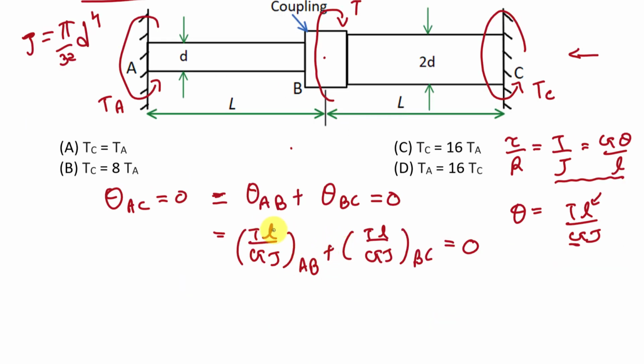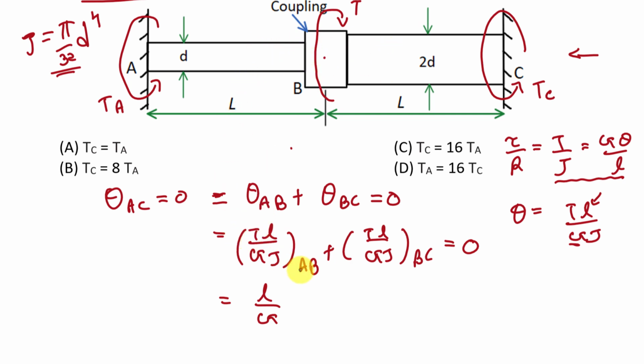Now see, value of L and G is same for both these bars, so we can take common L divided by G. Now here we have to find out T and J for both these shafts. We can find out J from this equation, and we know how to find T for both these shafts.